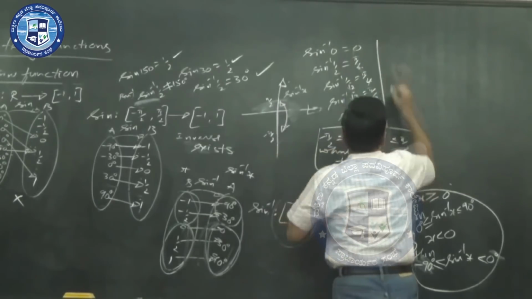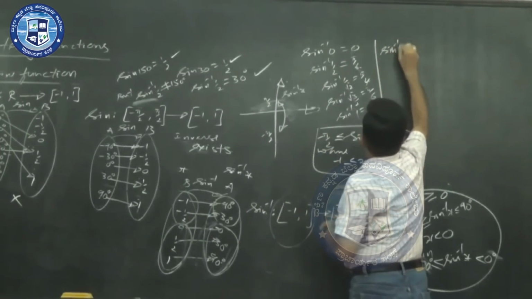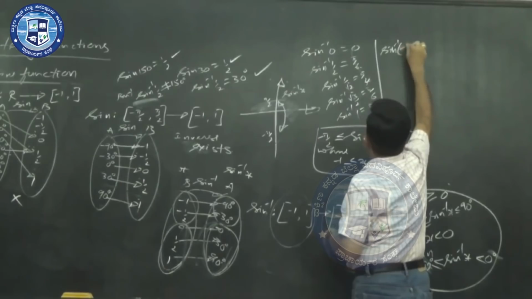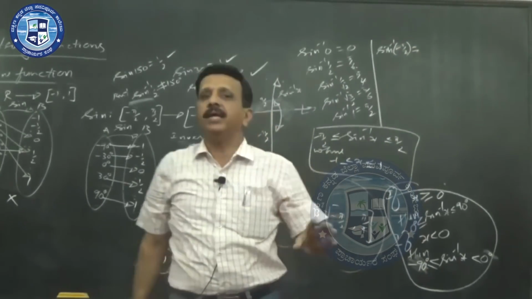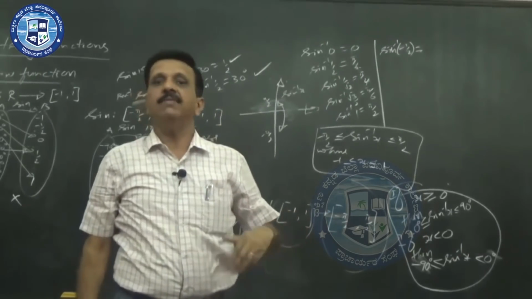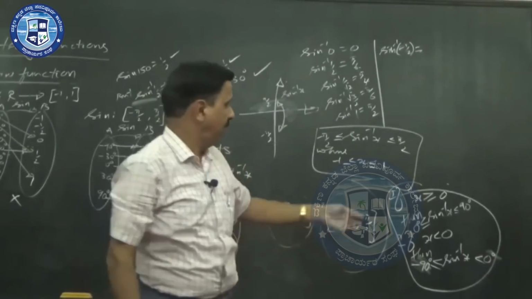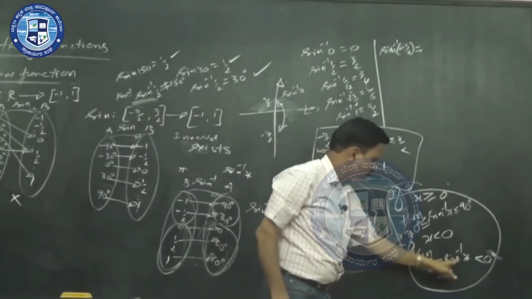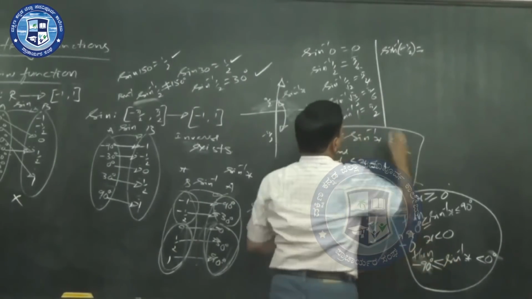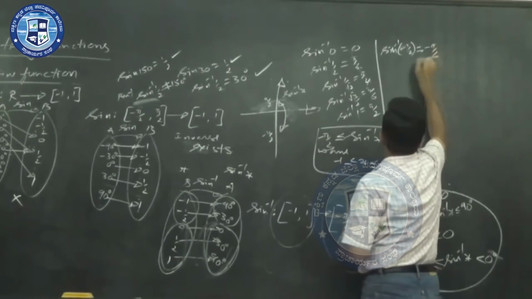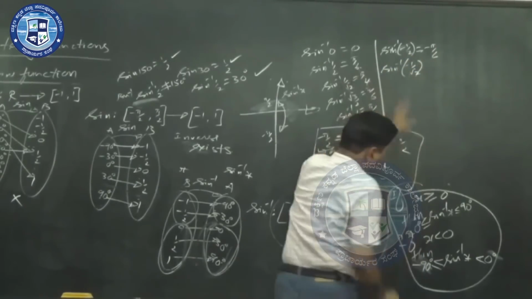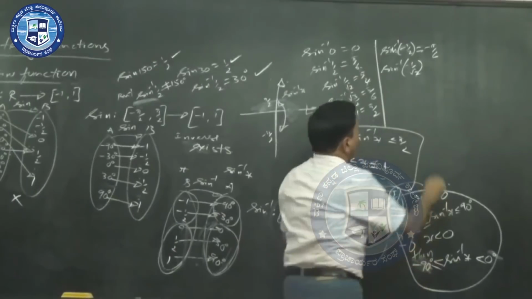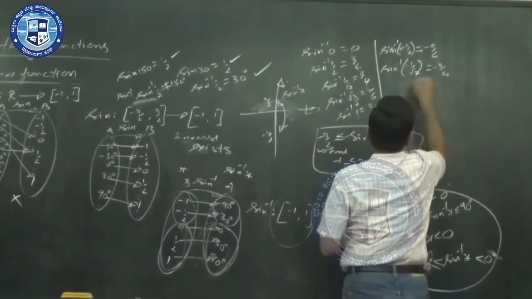Now let me take the other example. Sine inverse of minus half. Minus half is negative. Sine inverse of negative, we have seen, no? Sine inverse negative is in the fourth quadrant. So fourth quadrant, that's equal to minus pi by 6. Sine inverse of minus 1 by root 2, sine inverse negative has to be in the fourth quadrant, that's equal to minus pi by 4.